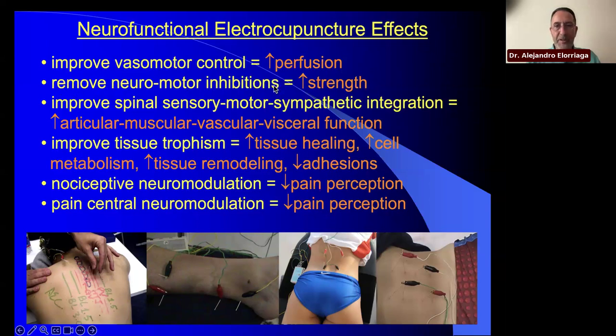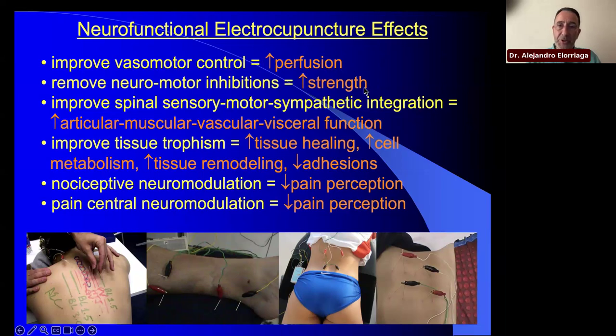Because, as the literature and clinical practice demonstrate, the most universal finding in pain problems is, apart from the pain, what we can call neuromotor inhibition, meaning the system has lost connectivity between the central nervous system, the spinal cord, and the muscles, the effectors of the motor signals that stem from the premotor and motor cortex. So this is not truly improving strength, it is recovering access to your motor system.